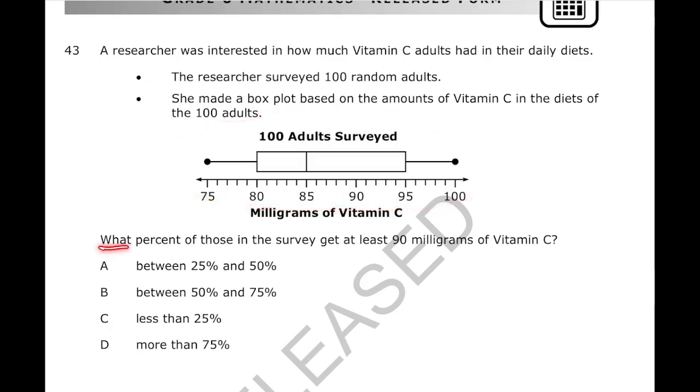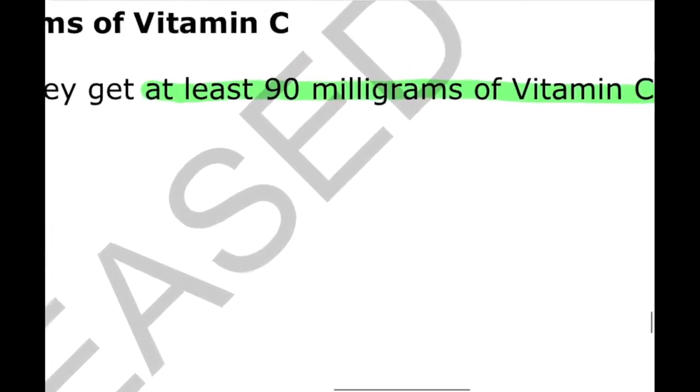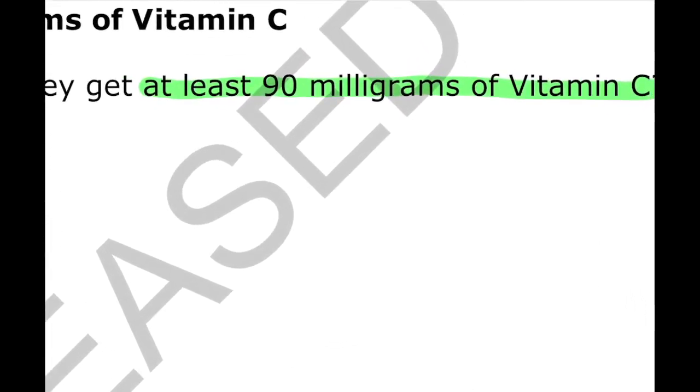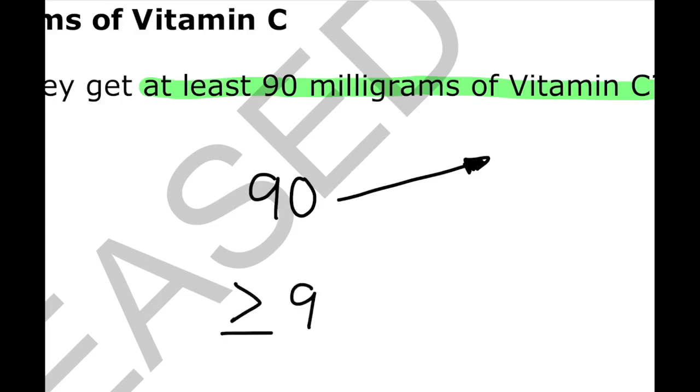It then asks what percent of those in the survey get at least 90 milligrams of vitamin C. So there is our threshold, at least 90 milligrams. So when we look at least 90 milligrams, it needs to be 90 or larger. So you can think greater than or equal to 90.